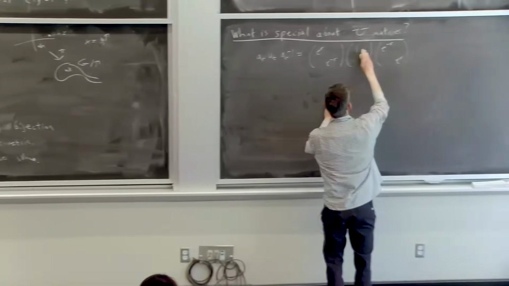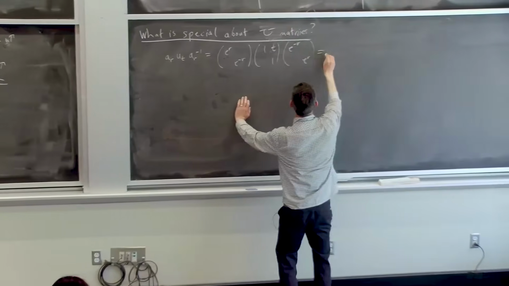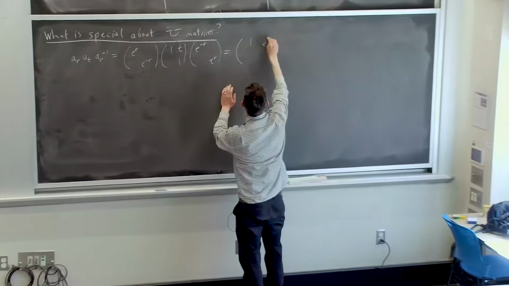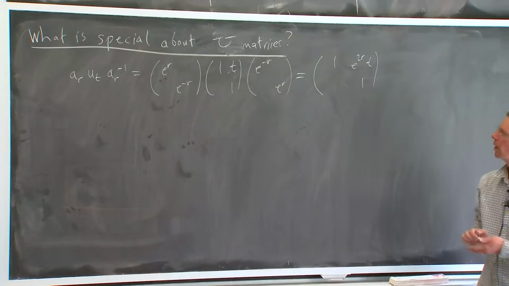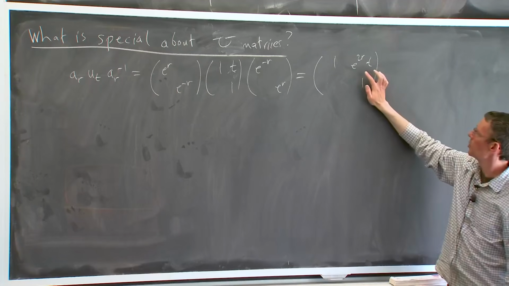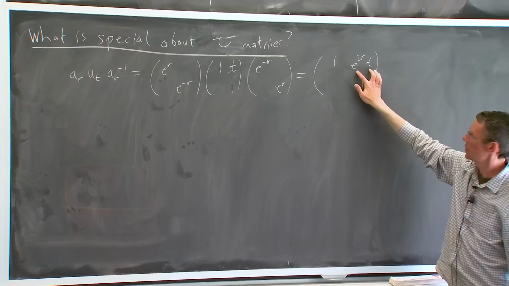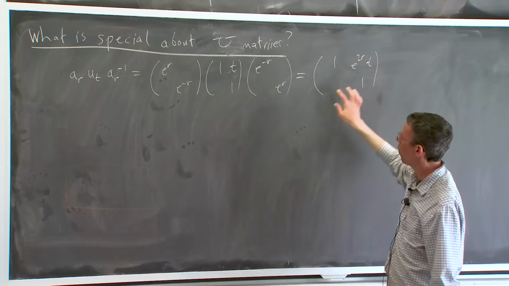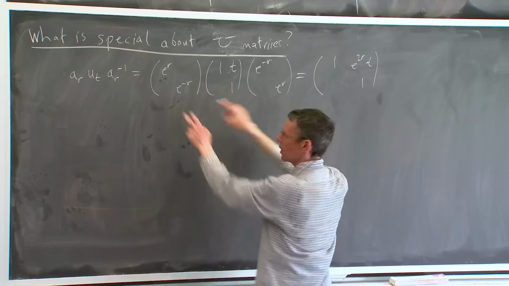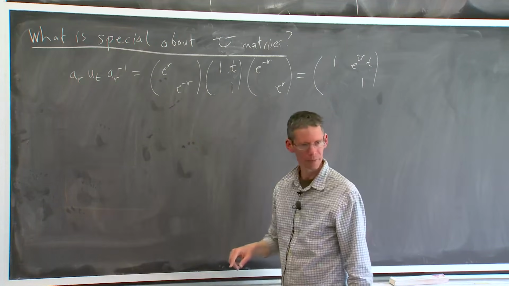So if you multiply this out, you get this. So if you're interested in a unipotent matrix, u_t, where this t is really large, you can get at it by starting with u_1 and conjugating it by one of these diagonal matrices.